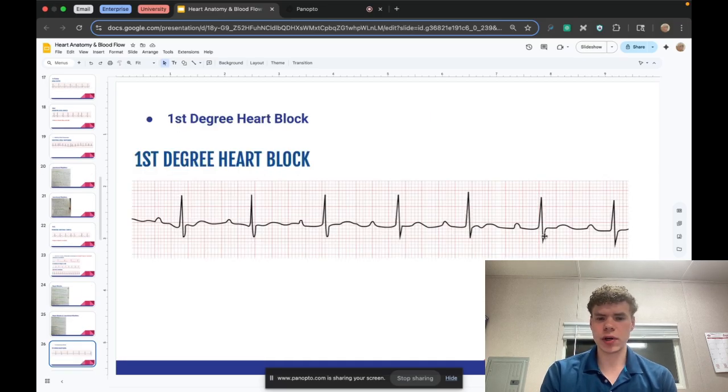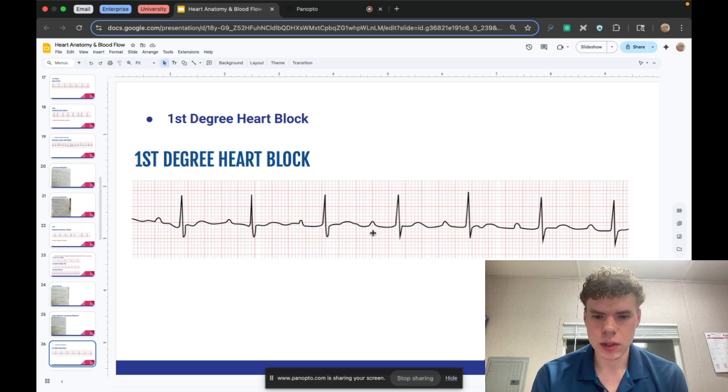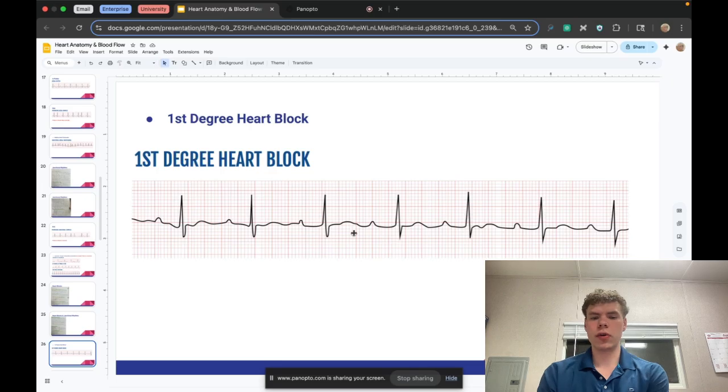So this is a first degree heart block. You can tell it's a first degree heart block because you have your P wave, your QRS, your P wave, your QRS. But you notice, like right here, your P wave is getting progressively farther and farther away from your QRS.